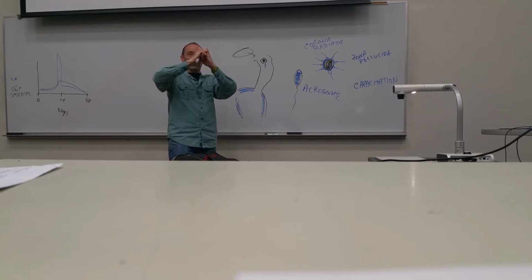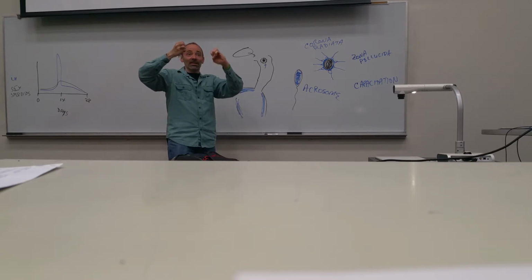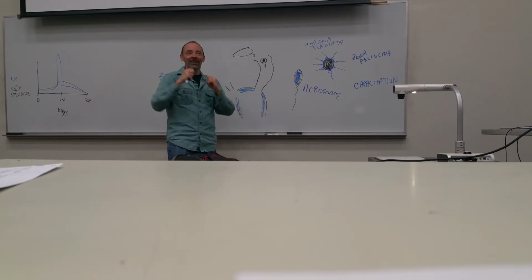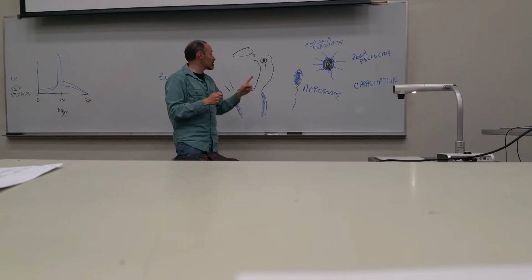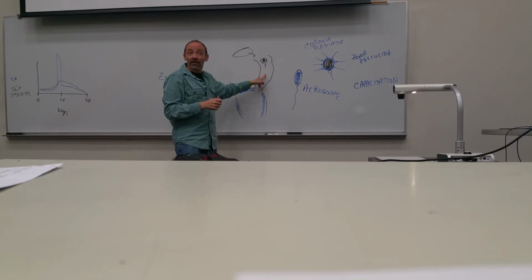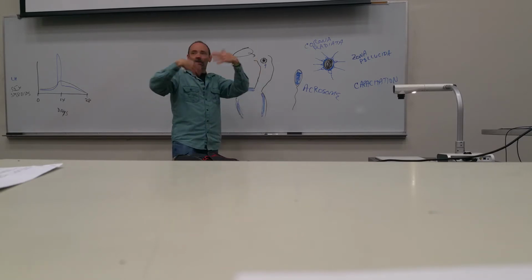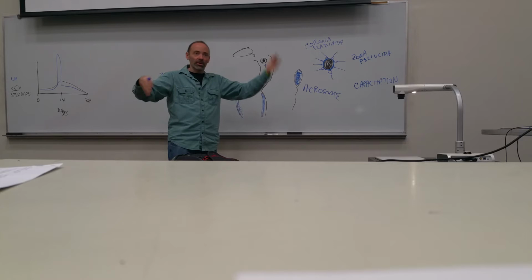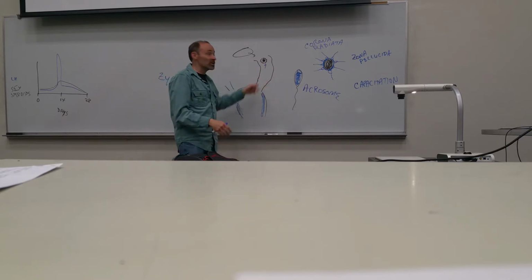Instead of one glob of embryonic cells, now you have two globs of embryonic cells that then develop into two individuals, but they're genetically the same, so they're identical. If it's fraternal twins, that just means two eggs got ovulated and got fertilized, and it's the equivalent of two separate birthing events. It just happens to be simultaneous.